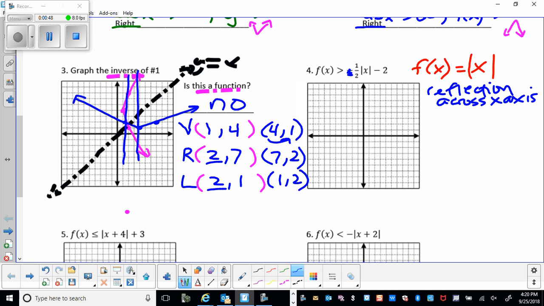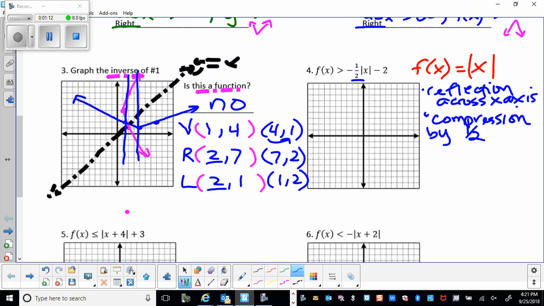Now I've got the 1/2, so that tells me it's going to be a compression by a factor of 1/2. It's going to be flatter, so my slope is 1/2 instead of 1.